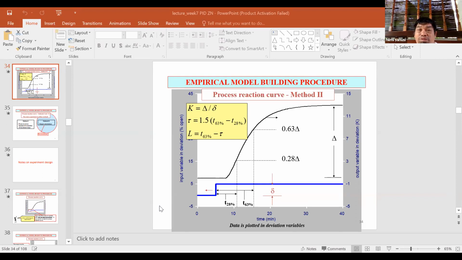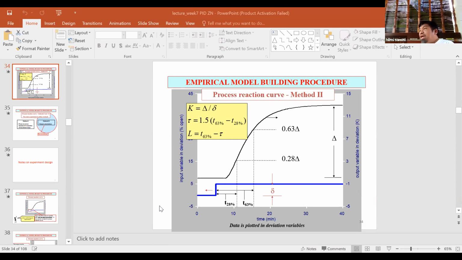Okay, so I will stop, so I'm done with the PID. 10-5 minit saya start balik. Conclude cerita pasal your assignment and then kita akan start dengan benda baru which is loop shaping.